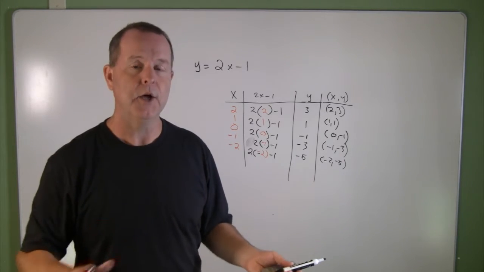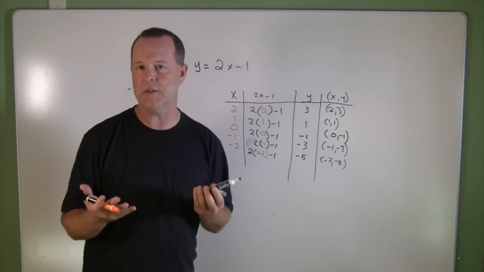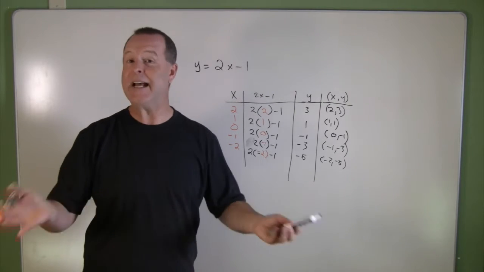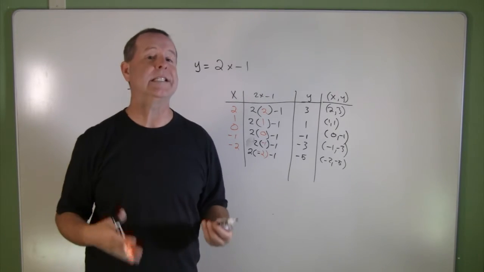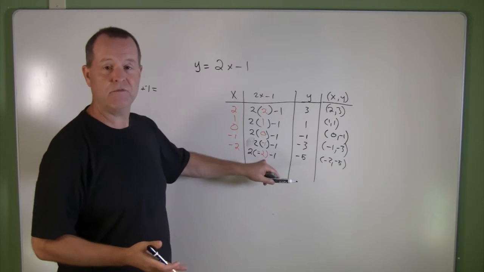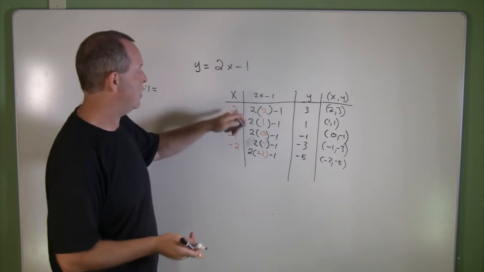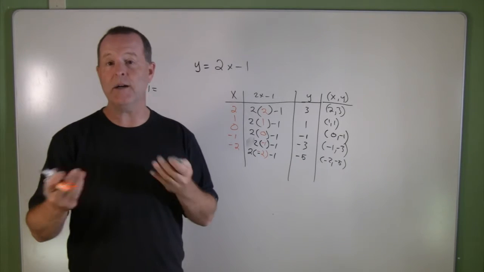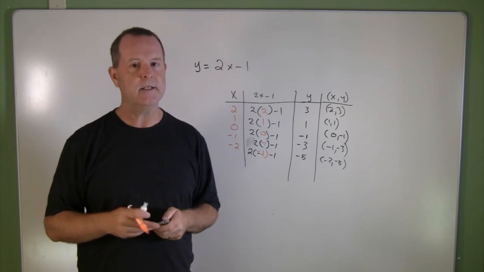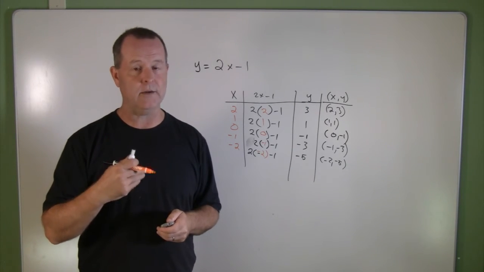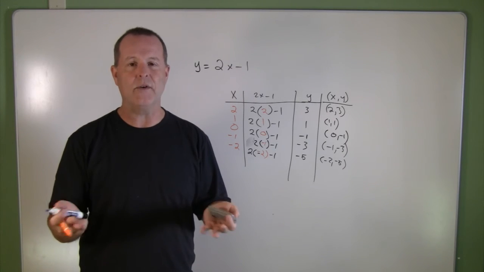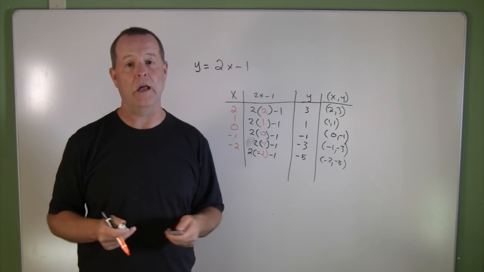Probably not. You may have chosen different values of x than I did, and that's fine. All of them will be solutions. I just chose these 5. You may have chosen a different 5, or maybe you chose a couple of these and we shared some solutions. Doesn't mean that your solutions are wrong and mine are right, or the other way around. We just found different ones because there are a lot of them.